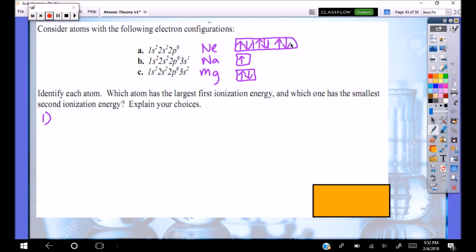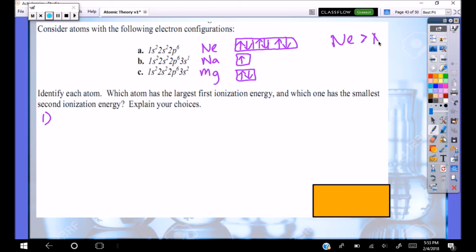All right, so for the largest first ionization energy, I could actually rank these. It would be neon, then, actually, sorry, magnesium would be the weakest.